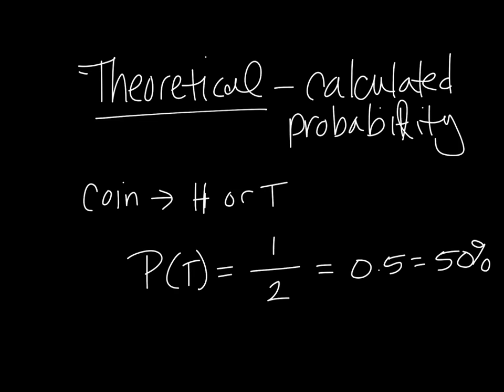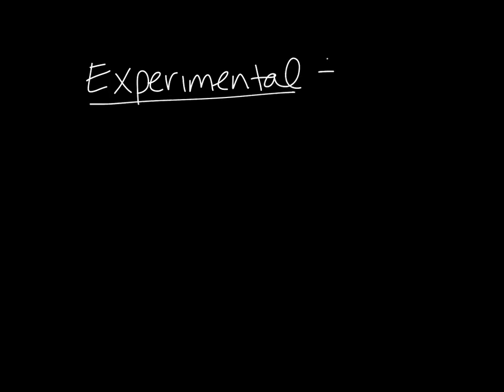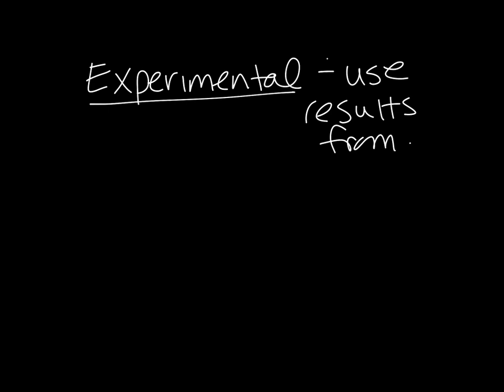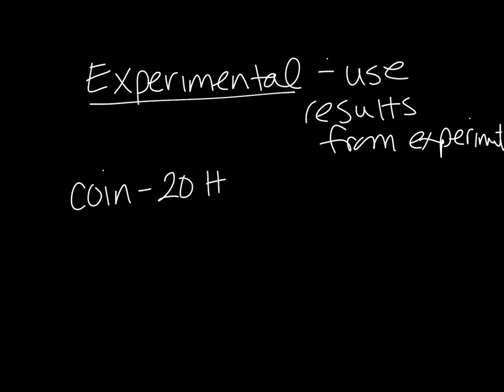But there's another kind of probability, and that's called experimental. What you do is you use the results from an experiment. Let's say we flipped a coin 50 times. 20 of those times we got heads. 30 of the times we got tails.